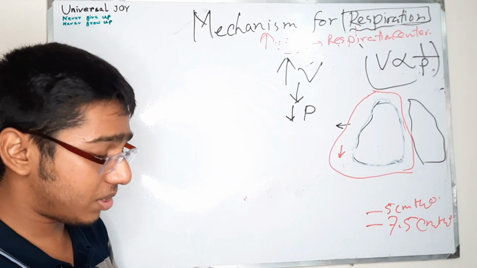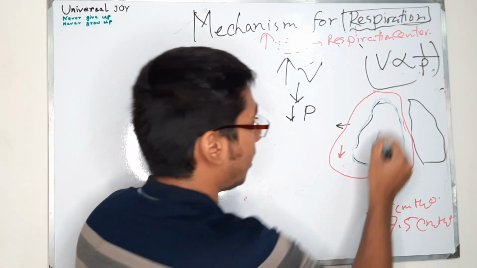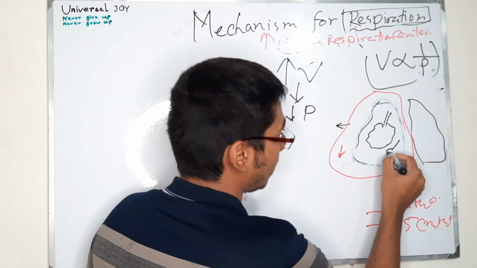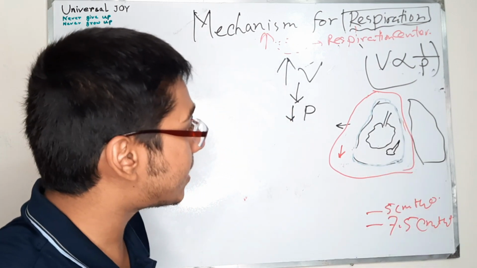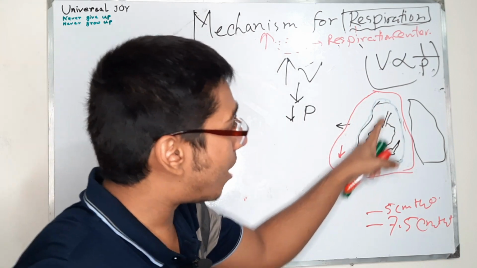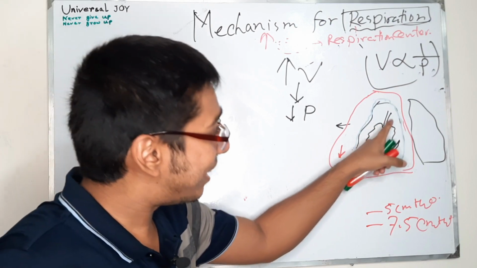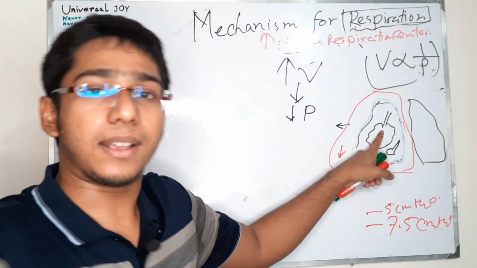Same thing is going to be observed in case of the lung alveoli. You see, lung alveoli are present within the boundaries of the visceral pleura, or in another word you can say the lung alveoli are present within the lungs.